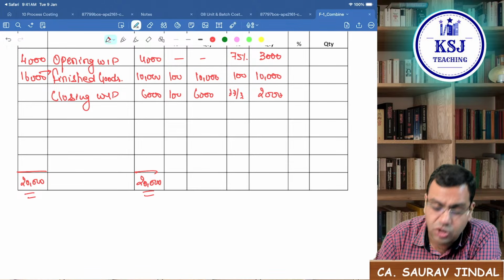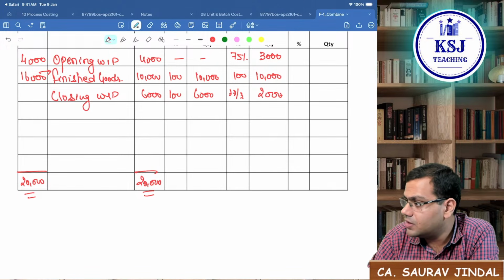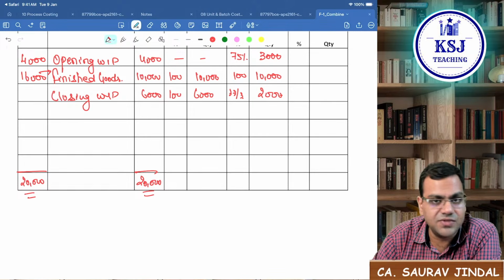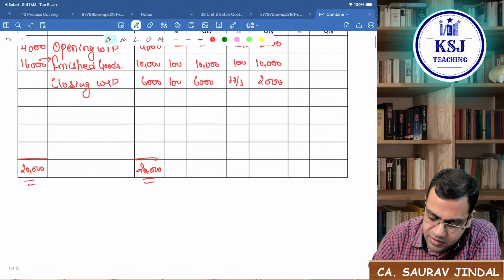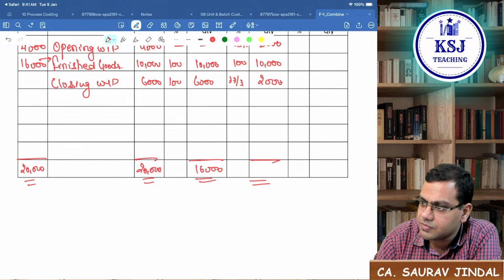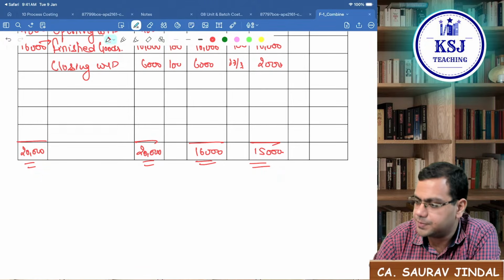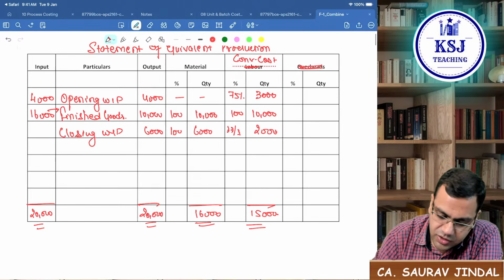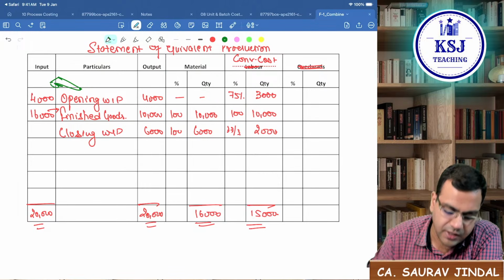Now, if there is any normal loss or abnormal loss, the treatment is absolutely the same as we have discussed earlier. No change in that. Here we will have material equivalent units 16,000, and here it will be 15,000 equivalent units. Clear?